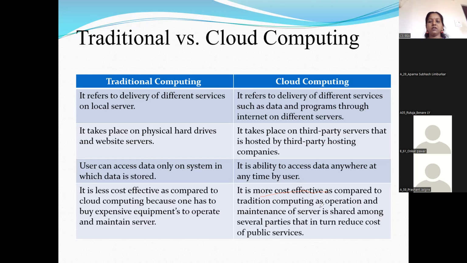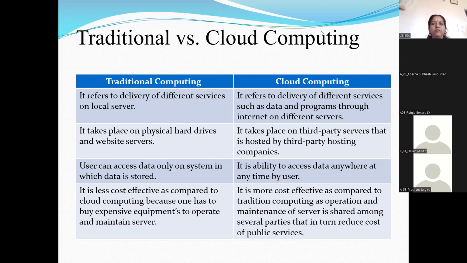Why? Because the operation and maintenance of the server is done by the company that provides you the facility of storing the data, isn't it? So that's why the cost of maintaining the server will be less, and we can say it is more cost effective.